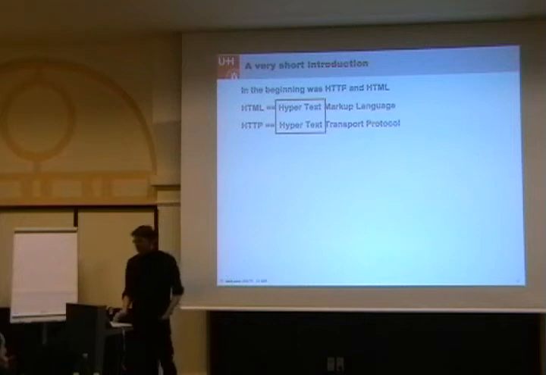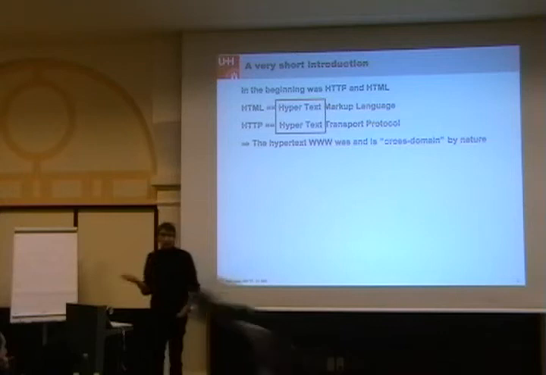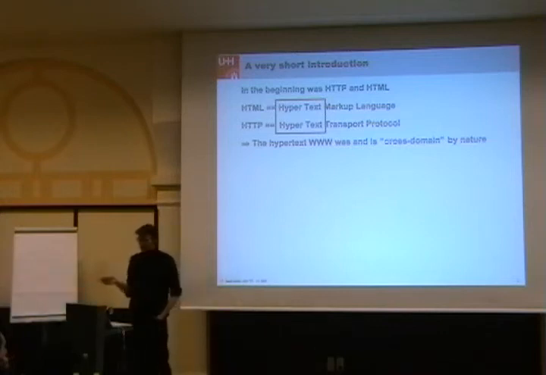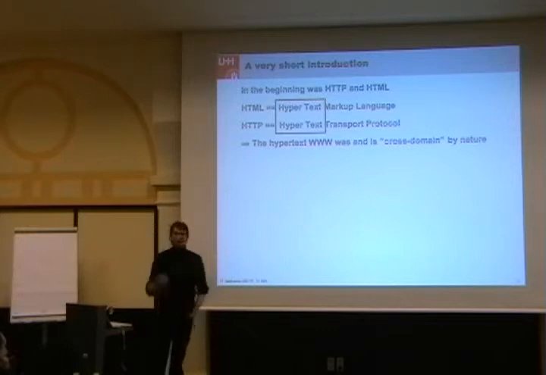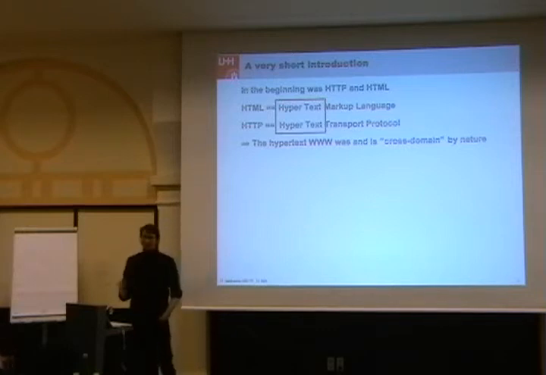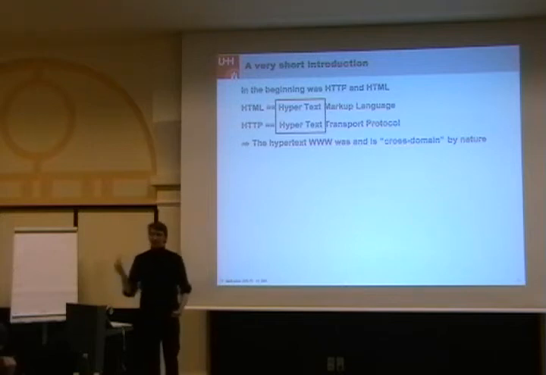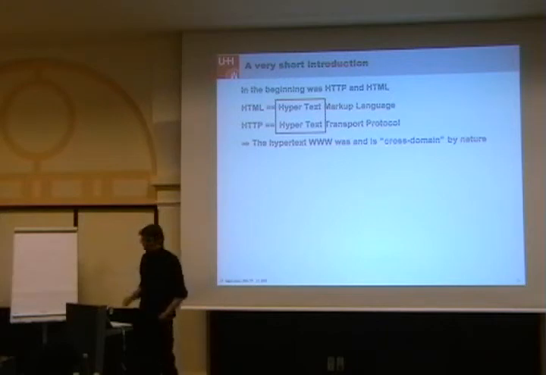If you look at the beginning of the www, you will notice that what we call today the internet or the www was cross-domain by nature, because of the hypertext nature, and especially the linking between documents that were hosted by different people and the intermixing of content from different people, was a very essential design goal of the www.